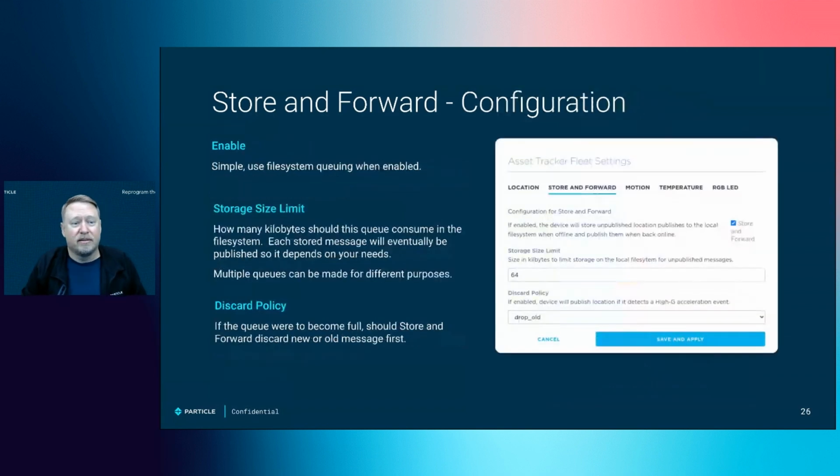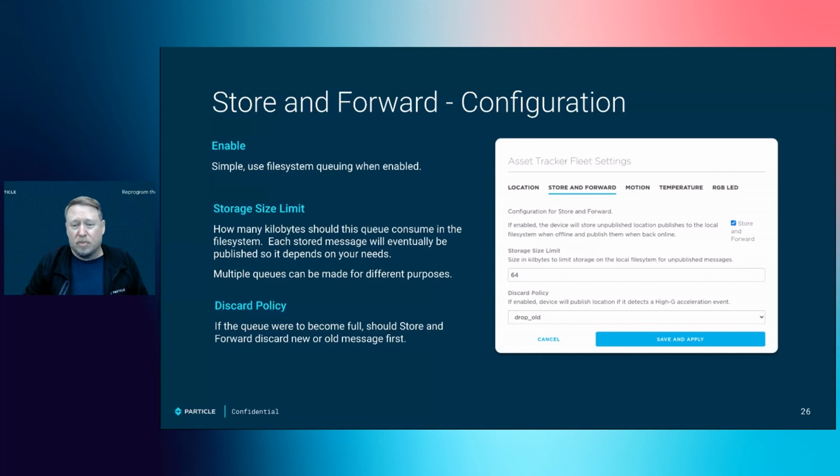And next, please. The configurations that you're going to see that are new to store and forward are, of course, enable. When it's enabled, the disk queue is utilized, and when it's disabled, it returns to the original feature of Tracker Edge, which is to try to publish, but if it doesn't publish, then it goes on its way. Then the storage size is the size on disk, and this is basically a quota that says that you can have X amount of space on your disk for this queue.